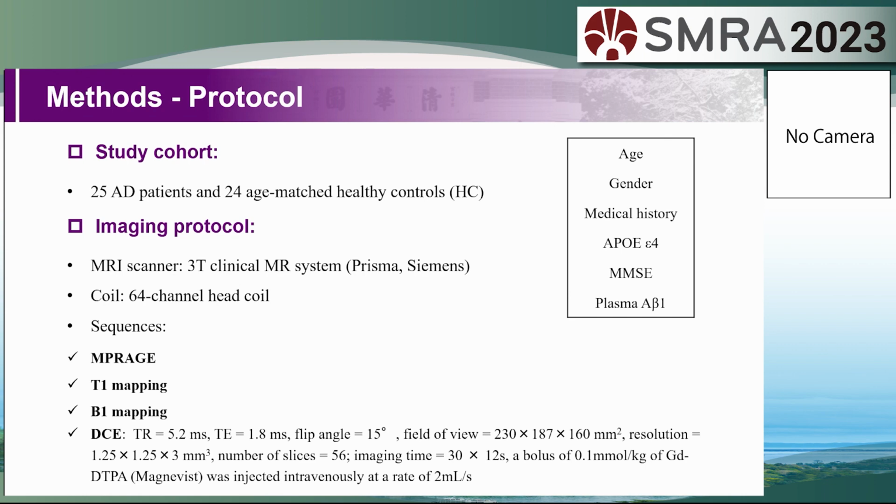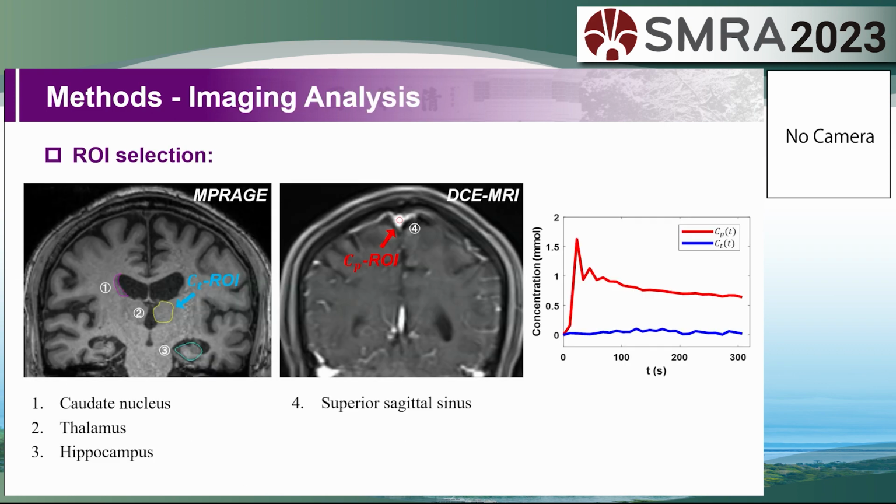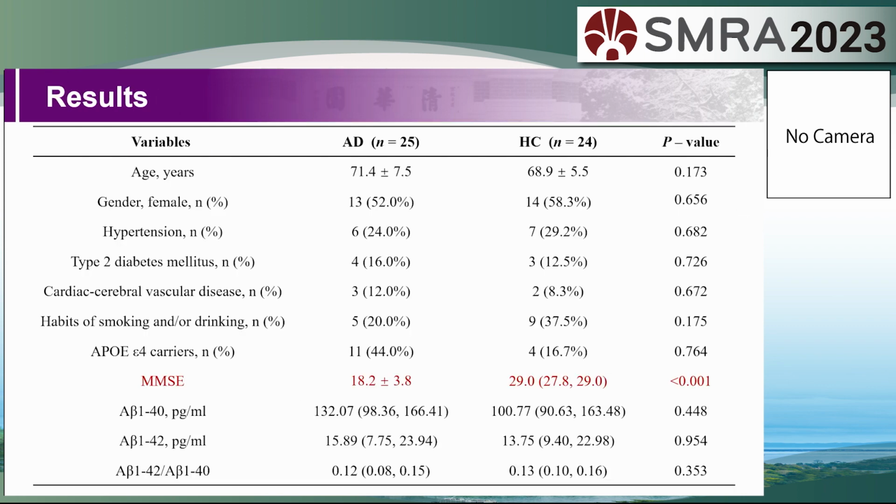And we also collected essential clinical and demographic information for all the participants. 3 tissue ROIs, including caudate nucleus, thalamus, and hippocampus, were chosen, and we extracted the vascular input function from the superior sagittal sinus, like other previous AD-related studies. Representative CP and CT curves were shown in the right figure.